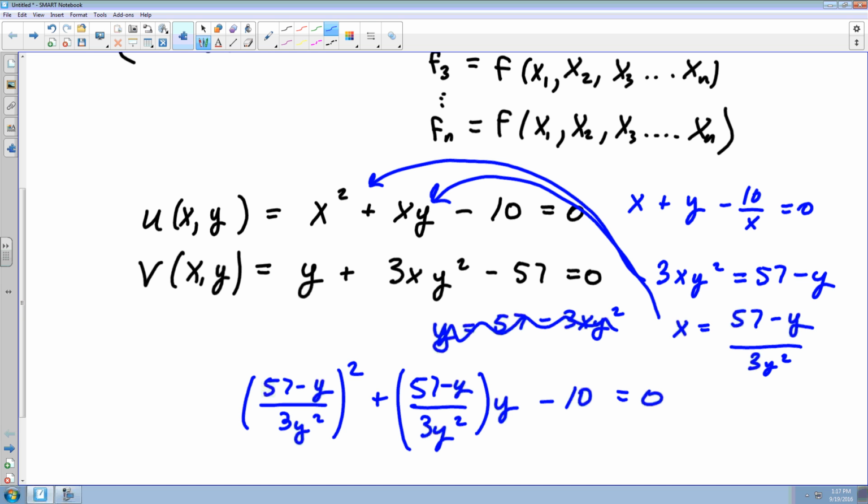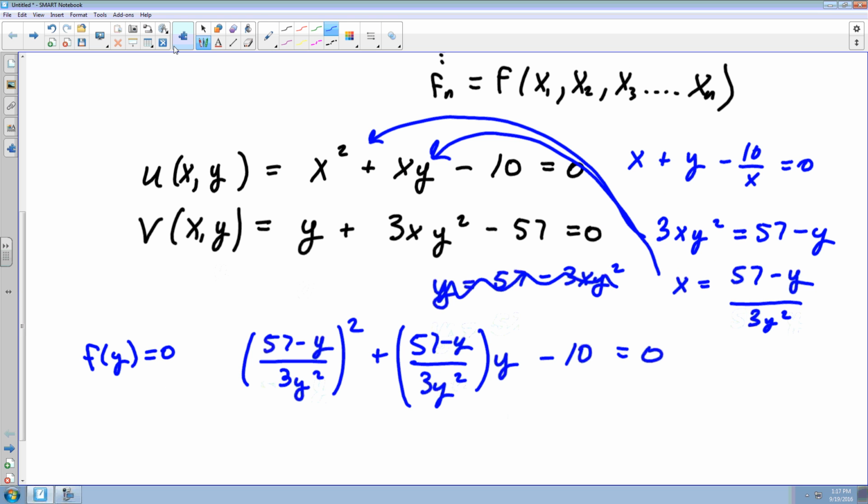And now you may do a whole lot of math there, and we may have been able to reduce this down to this. And then how would you solve this?